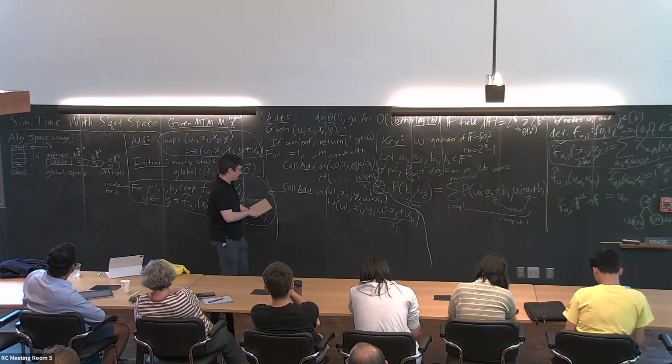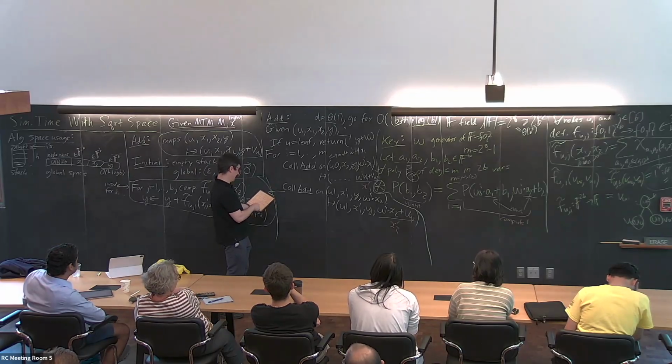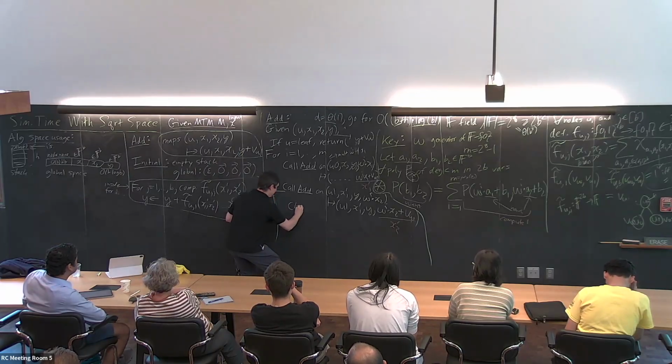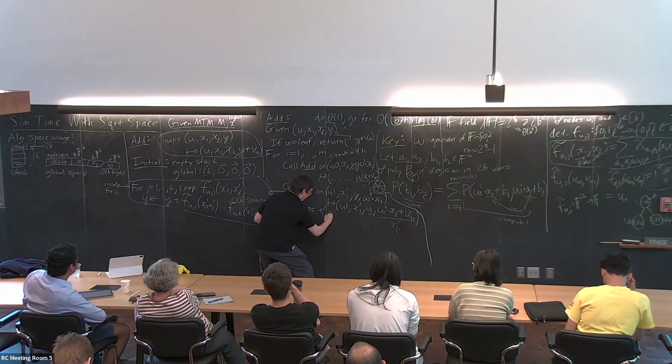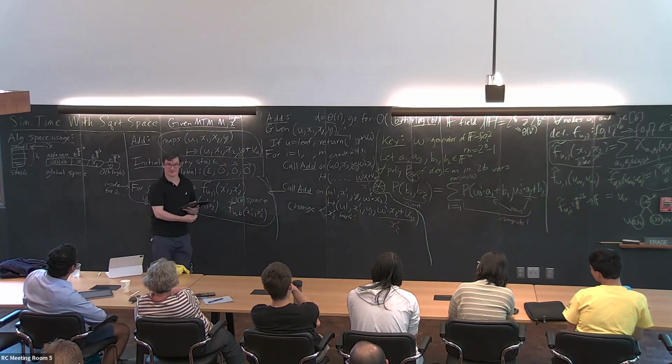But before I get out of this loop, I want to change X prime 1 and X prime 2 back. By this, I will do another recursive call.